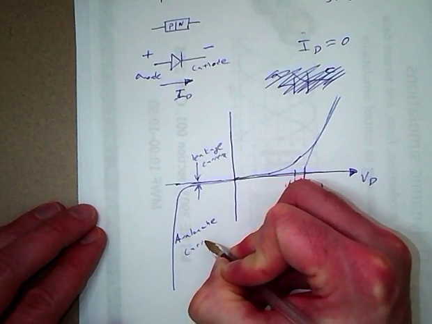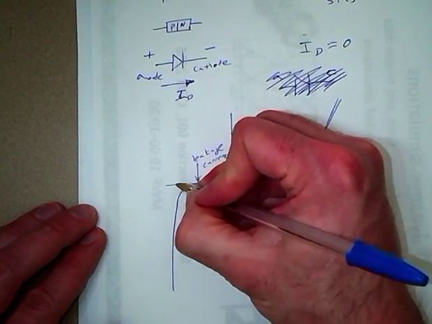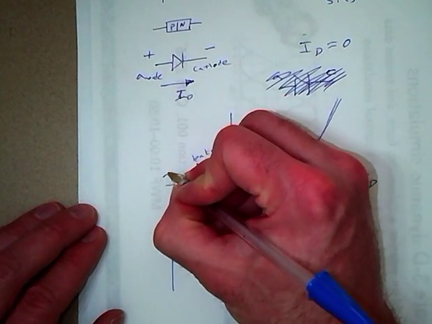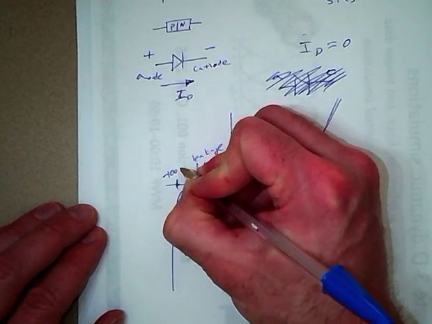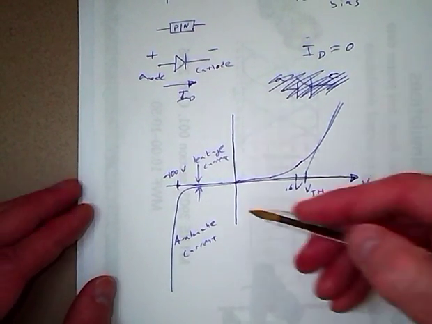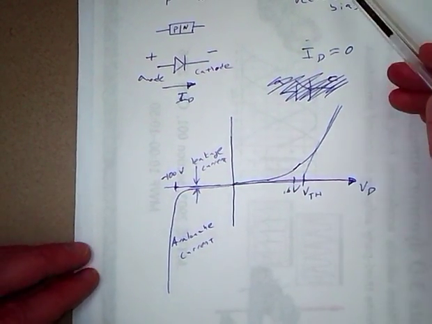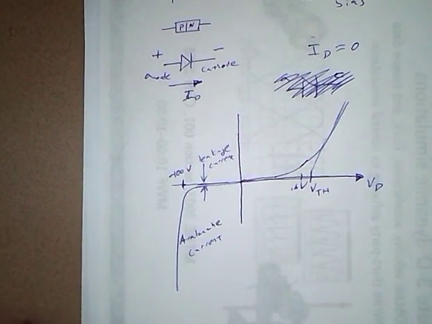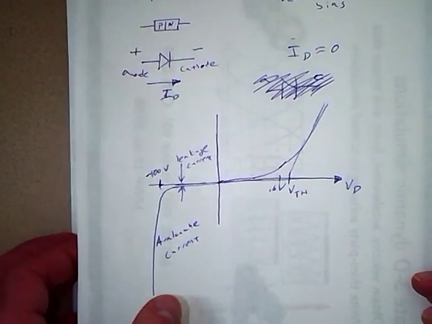And it takes place at the breakdown voltage, which is usually about minus 100 volts. So if we reverse bias a diode about 100 volts, then it'll start allowing current to flow through. So that's approximately the real behavior of a diode.